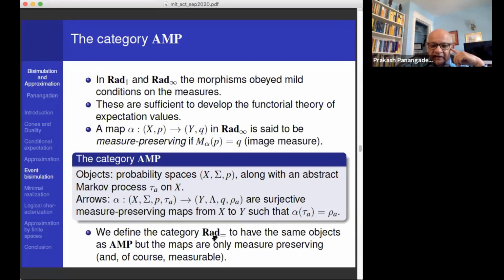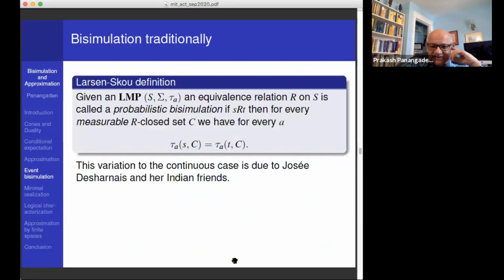We're going to define the category rad equals to have the same objects as AMP, but the maps are only measure preserving and of course measurable. So we don't have that condition on the expectation value, sorry, not on the image measures, yes. Okay, so this is the basic arena of conditional expectation and approximation.